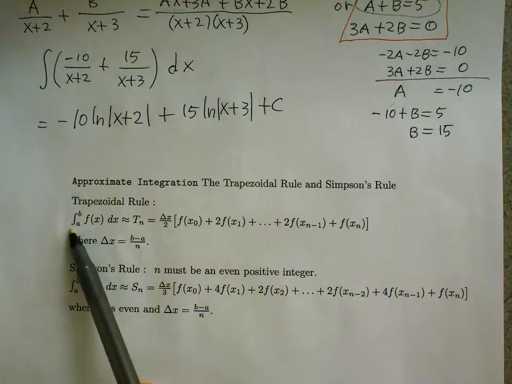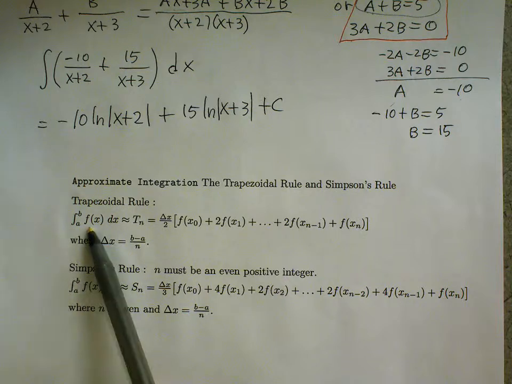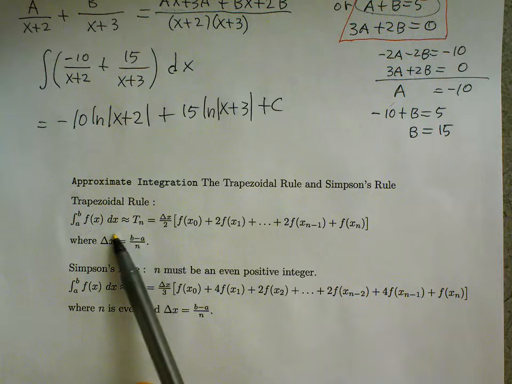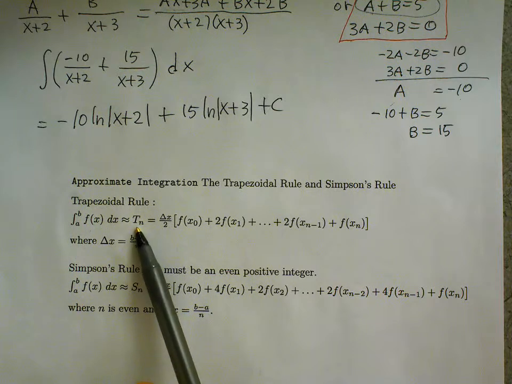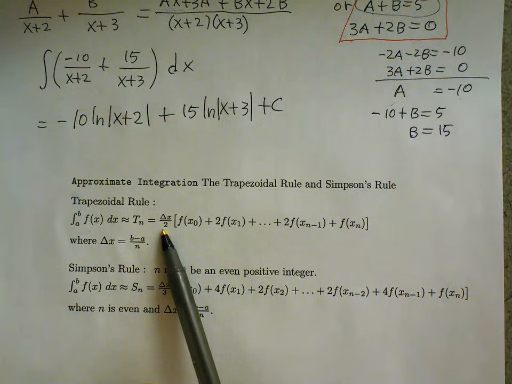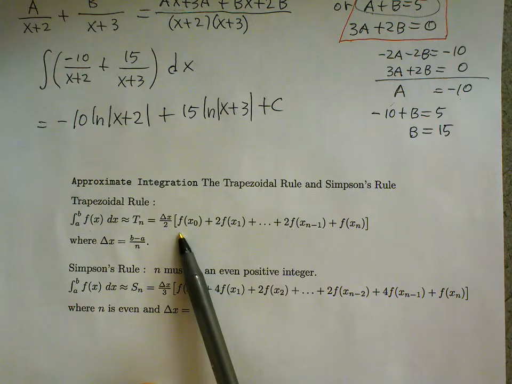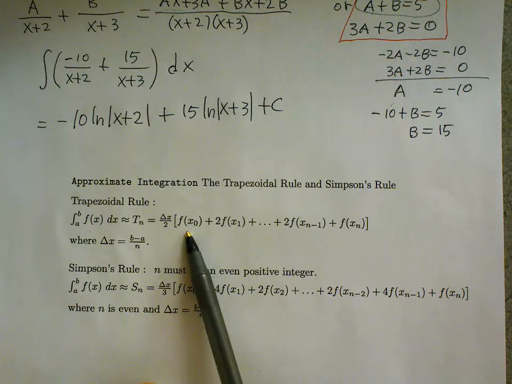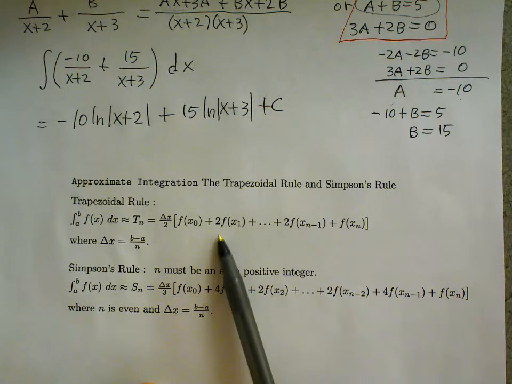So the definite integral of f of x from a to b can be approximated by a trapezoid T sub n. Here's the formula: delta x divided by 2 multiplied by the quantity f of x sub 0 plus 2 times f of x sub 1.